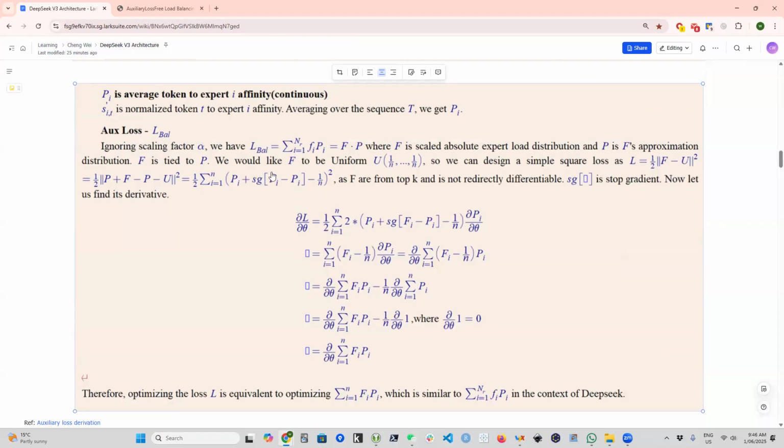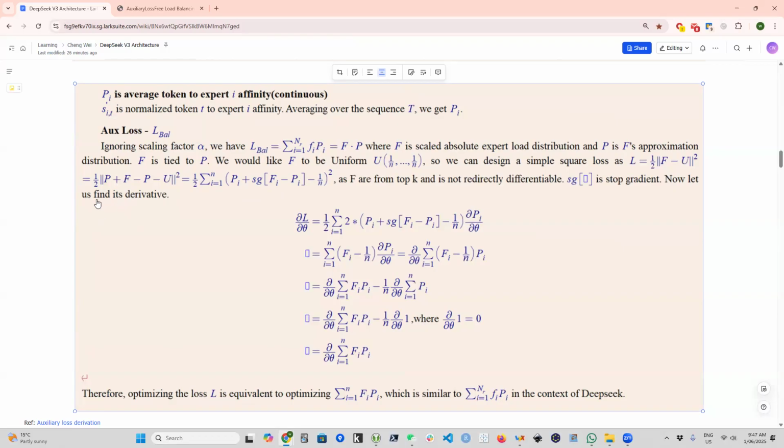We set this part to stop gradient so that it doesn't have any gradient. Only this part has gradient. Okay. So we have this part minus 1 over n. We want Pi to be 1 over n so that it's uniform, right?